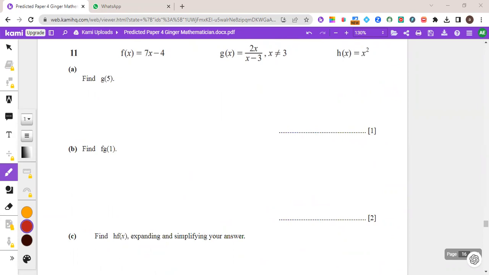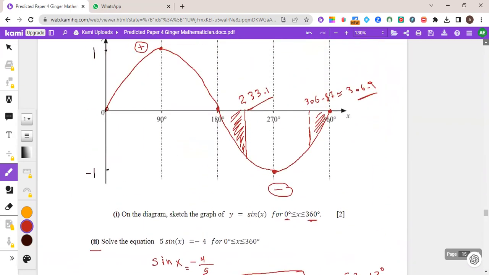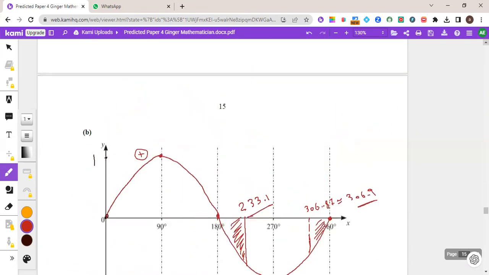And Ahmed said I can get this one by 180 minus negative 53.30. Yes, correct as well. Bravo Ahmed.